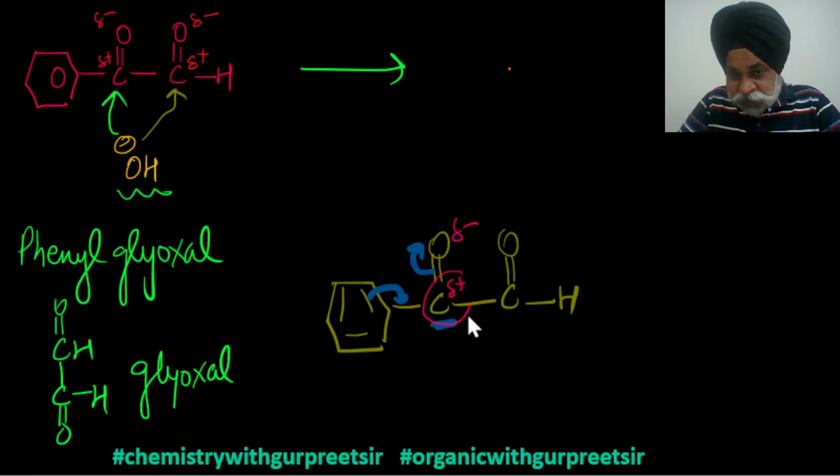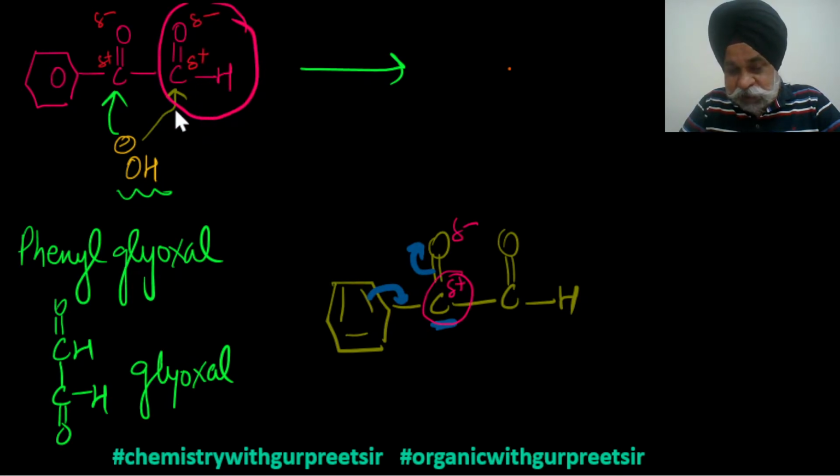This delta positive charge got decreased because of the engagement of resonance coming from the phenyl group. So obviously we shall then say that the OH negative would definitely be attacking the carbon which is at the corner. The corner CHO group is being attacked.